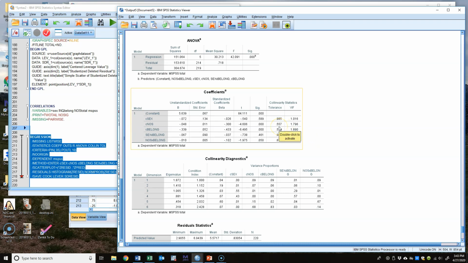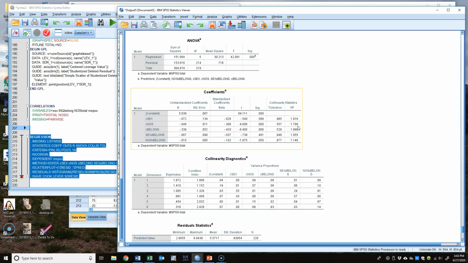tolerance value of 1 indicates no collinearity or independent effects. Anything below 0.1 is maybe problematic, but anything that would get even close to that is going to be problematic. So we're seeing correlations here, but things that are acceptable. Again, our general benchmark for VIF is 10.